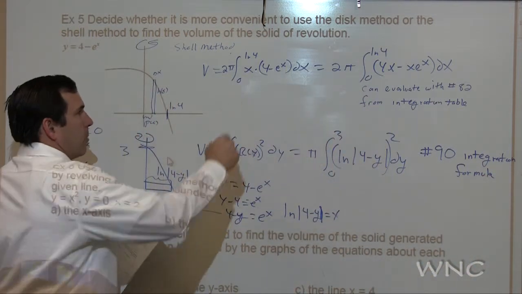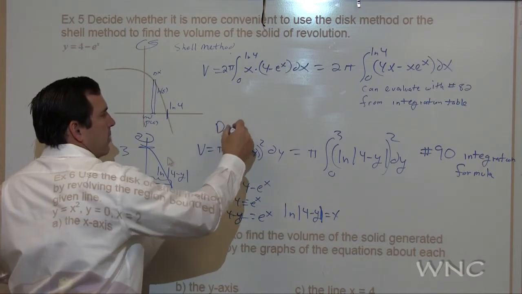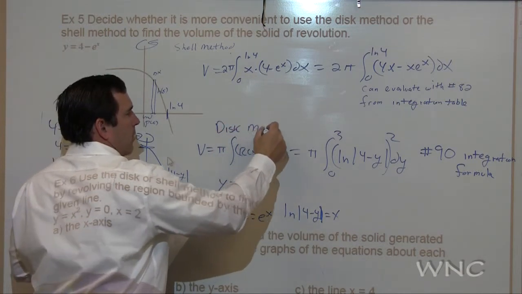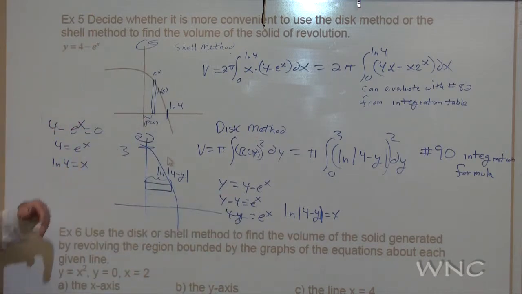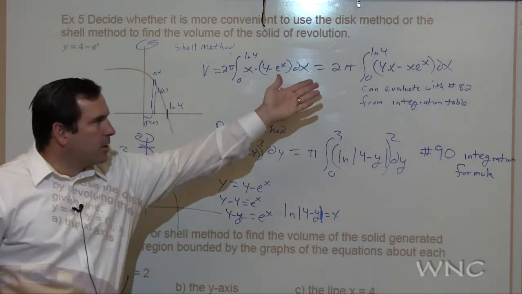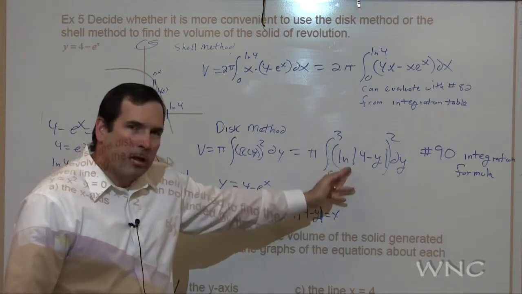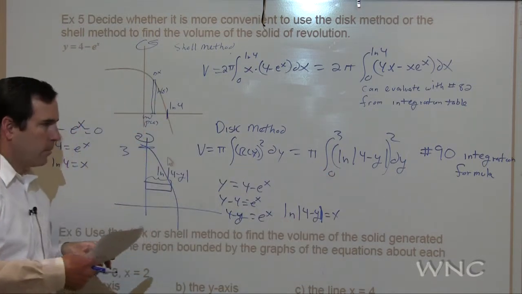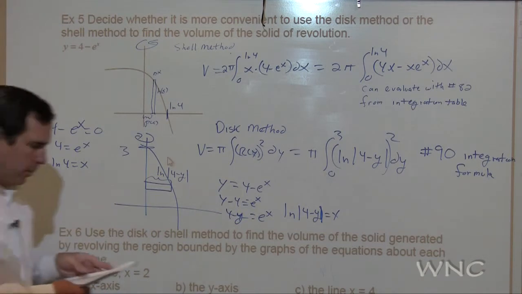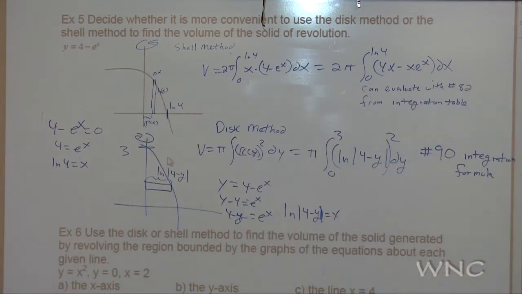I personally would prefer the shell method in this case. Shell method, integration doesn't look as intimidating. This natural log makes it look tough, but it's still doable. Okay, let's go ahead and look at something else.